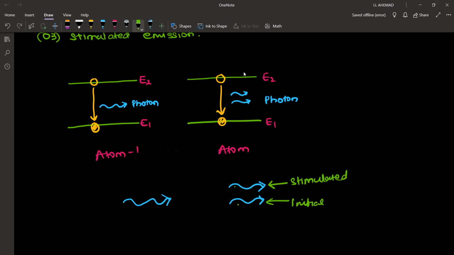What is stimulated emission? Understood or not?